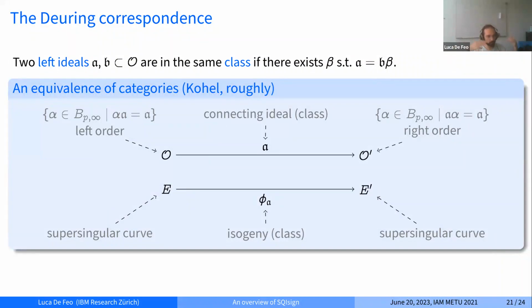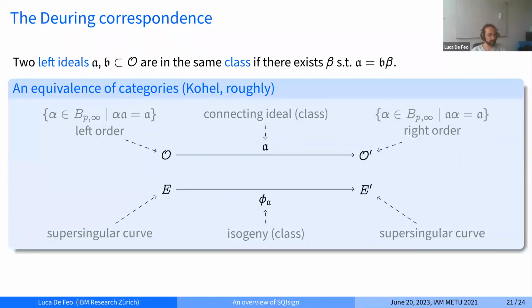So the Deuring correspondence is an equivalence of categories that roughly gives a correspondence between orders, maximal orders, and supersingular curves, and ideals and isogenies.